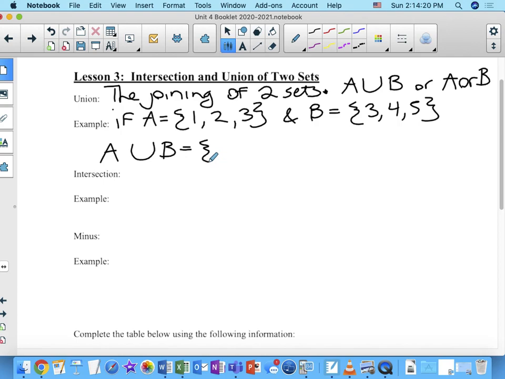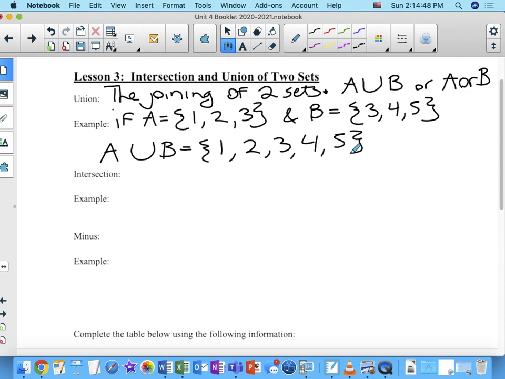We're going to join all of their elements together, but when we join them together, we don't count the same element twice. So 3 is in both of them. We're not going to double count that. So the elements in both would be 1, 2, 3, 4, and 5. Okay, so that's the union of two sets.